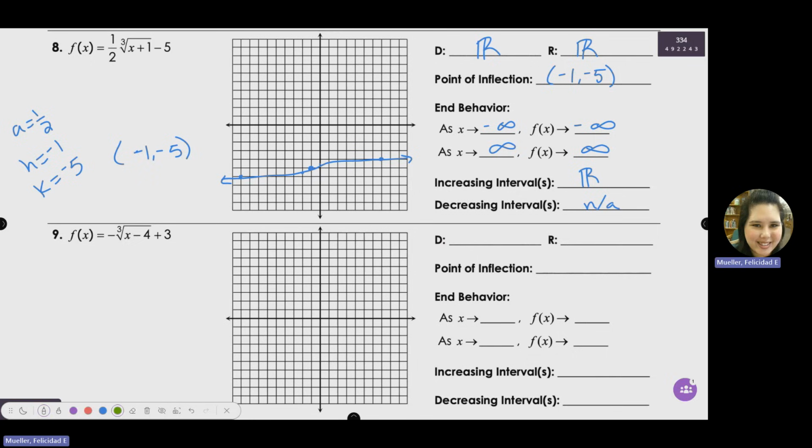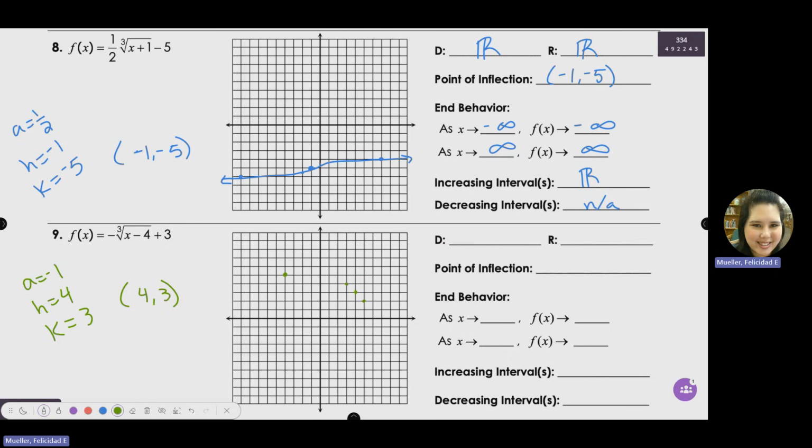Moving on to number 9, A is -1, H is 4, K is 3. So 4, 3. Negative, so it's going to be inverted. Up 1, down. I definitely can't go over 8. 1, 2, 3, 4, 5, 6, 7, 8. Up 2, 1, 2.